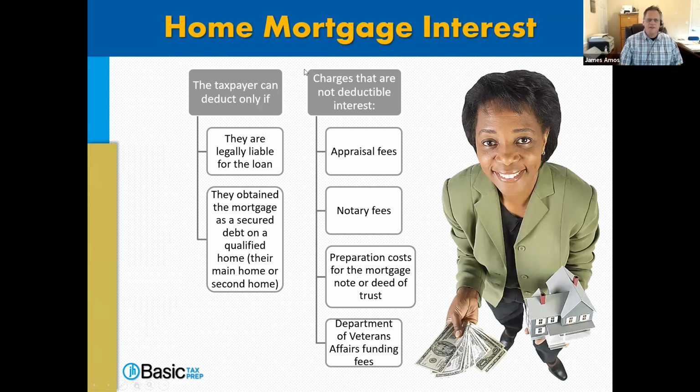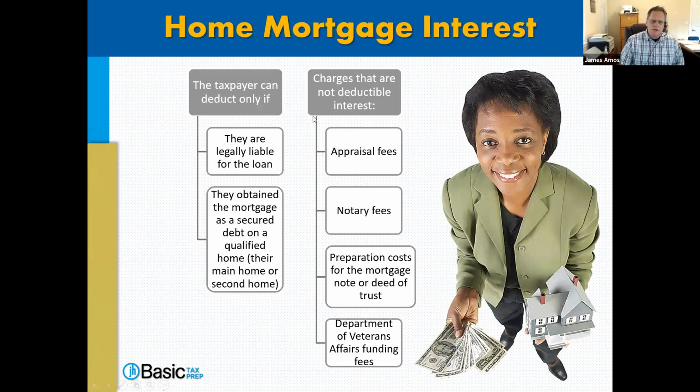Now, what does it take to have home mortgage interest? First of all, the taxpayer has to be legally liable for the loan, and they obtain the mortgage to secure the debt. In other words, there's collateral there.